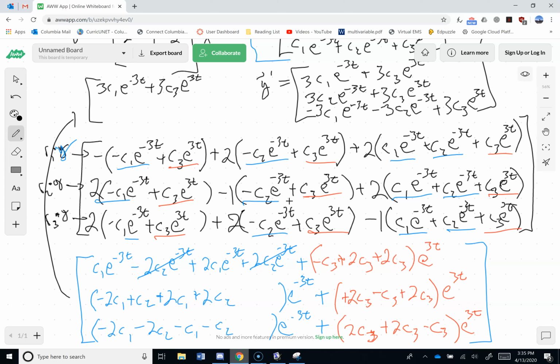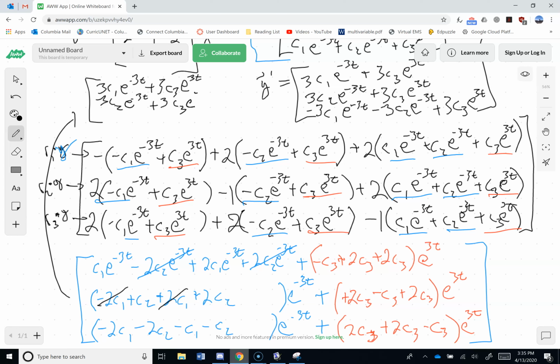Then in the second row, some c1s cancel, so I have 3c2 e to the minus 3t plus 3c3 e to the 3t.